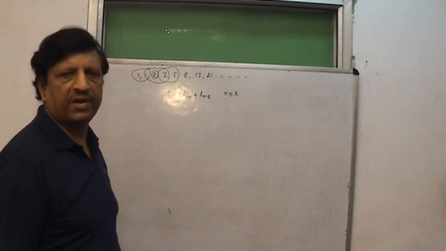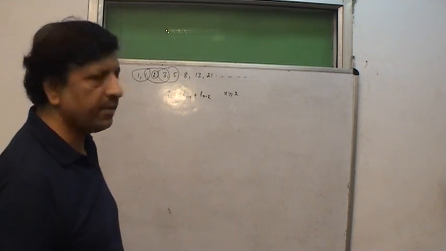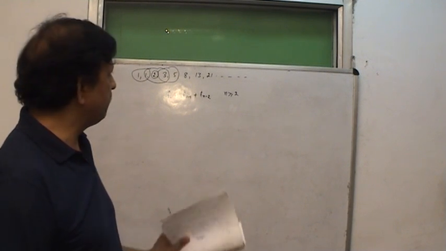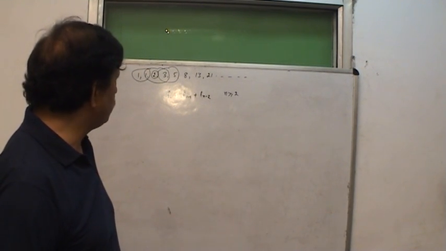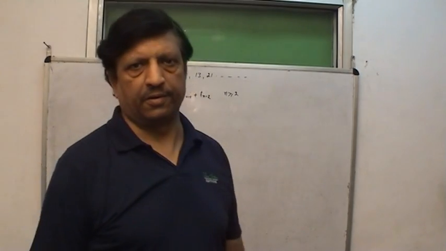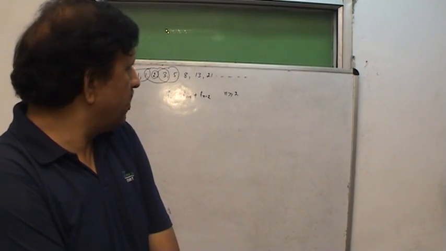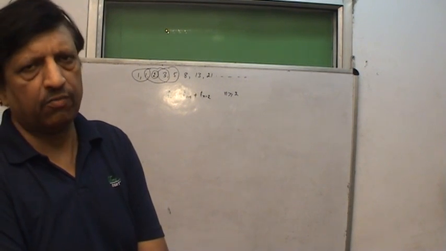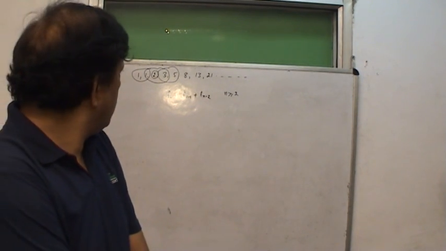Now, these numbers were not generated automatically. How did Fibonacci introduce these numbers? Let us discuss it. Then we will see what the magic is and how they are related to our nature. These are called the golden numbers. They are very close to nature. We shall see this after.